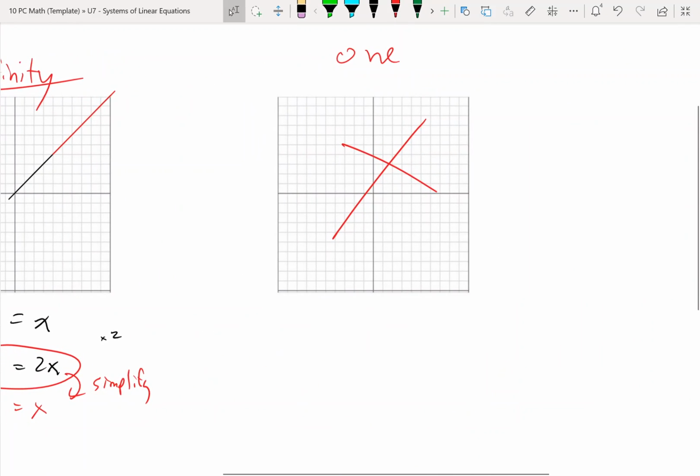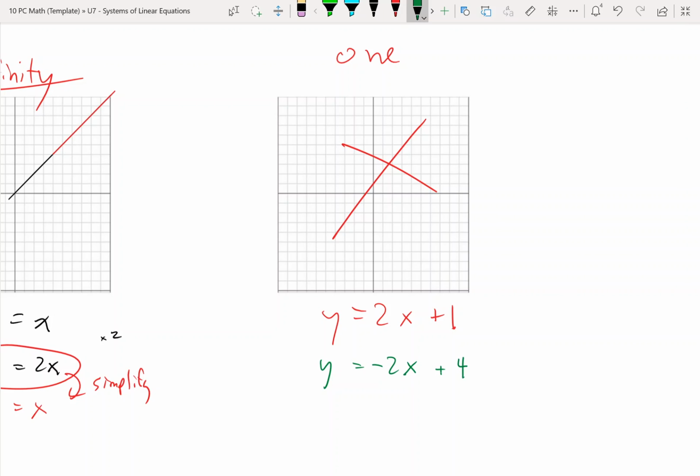The last one is basically anything else. So if you have an equation, let's call this one y equals 2x plus 1, and then the second equation, as long as the slope is different, so let's call this one negative 2x plus 4. As you notice, different slope and different y-intercept.